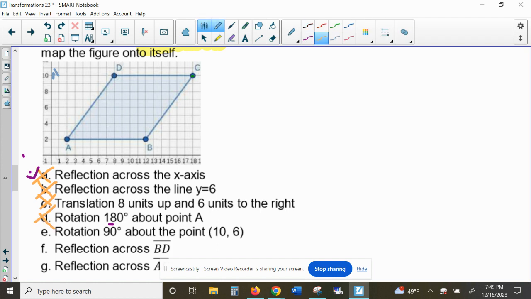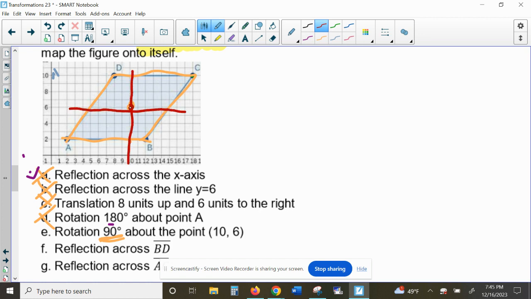Okay, I want to rotate 90 degrees around the point 10, 6. So 10, 6, that's over 10 and up 1, 2, 3, 4, 5, 6. That's about right there. And I want to rotate just 90 degrees. So same thing. If I trace this and think about spinning it 90 degrees, I could think about an XY axis.